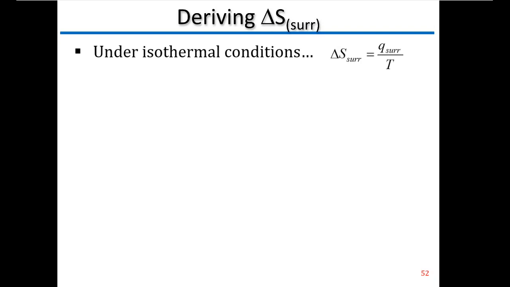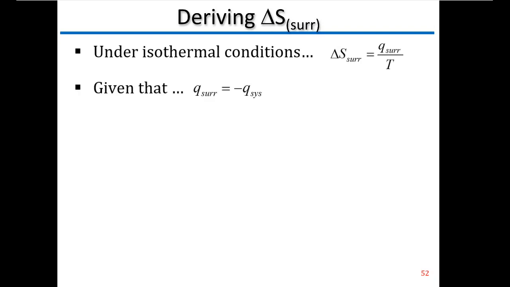Let's look at delta S of the surroundings first. How do we get delta S of the surroundings? For this one, we have to do sort of a derivation. Under isothermal conditions, in other words constant temperature, we can say delta S of the surroundings is equal to the heat of the surroundings over the temperature. Remember Q, heat, work, kind of interchangeable there, over temperature, not exactly the same thing.